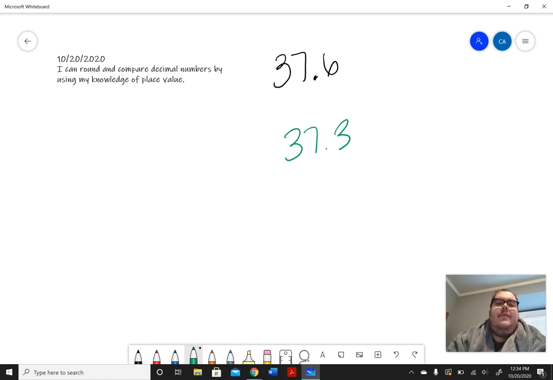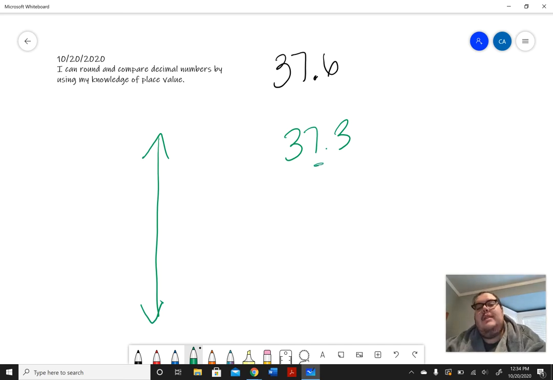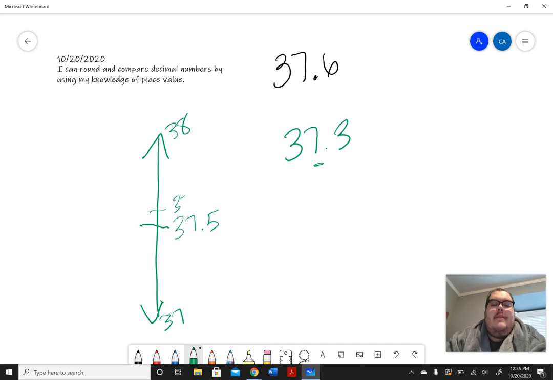I want to round to the nearest ones place, so I either want 38 or 37. My midpoint, thinking tenths because we're going from one to the next one, would again be 37 and 5 tenths. Then I'm going to fill in the rest of my number line.